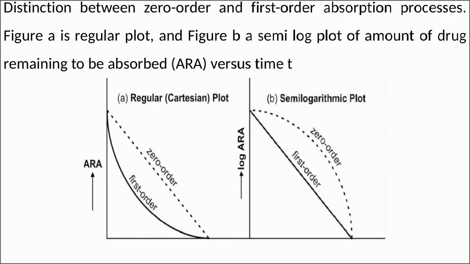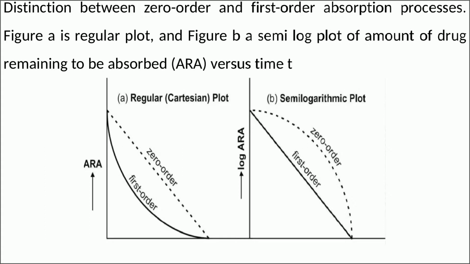In this graph, you can see the regular plot and the semi-logarithmic plot of ARA, that is the amount remaining to be absorbed, versus time. The distinction between the zero order and the first order absorption process is understood with the help of a graph of ARA versus time.